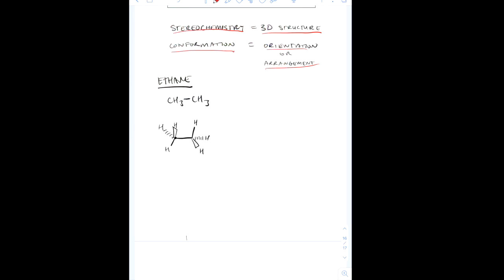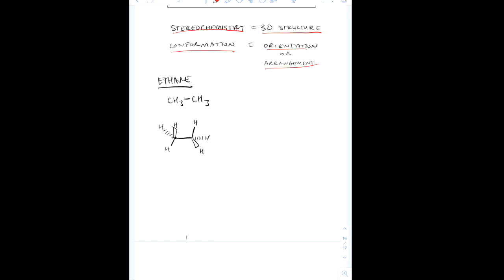Okay, so also remember that the wedge right here, the one that I've highlighted in red, those are sticking out at us. Those are sticking out of your computer screen, while the dash, those are sticking into your computer screen. And then this particular bond right here, and right here obviously, those ones are just laying in the plane of the screen. Okay, and so this is one way that we draw organic molecules in a 3-dimensional pattern, and to depict that 3-dimensional aspect of the molecule.